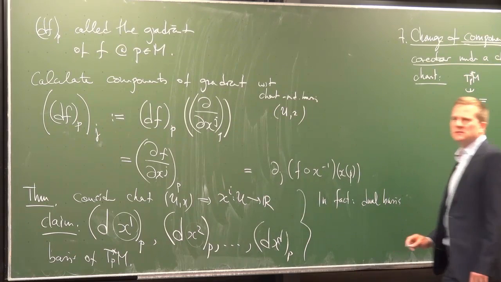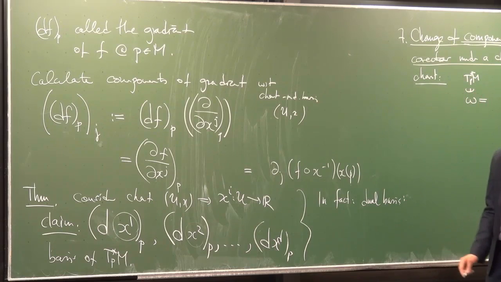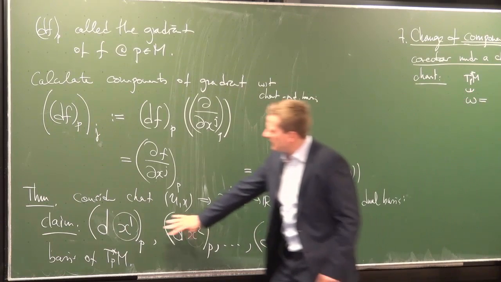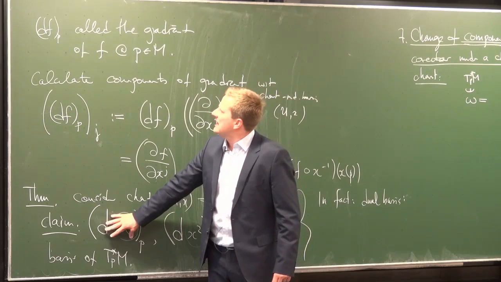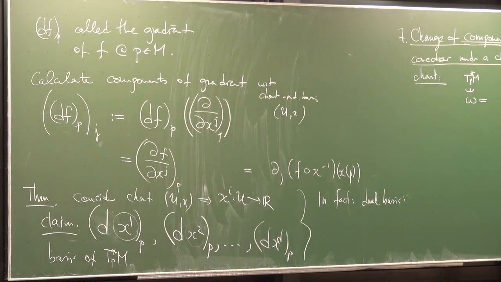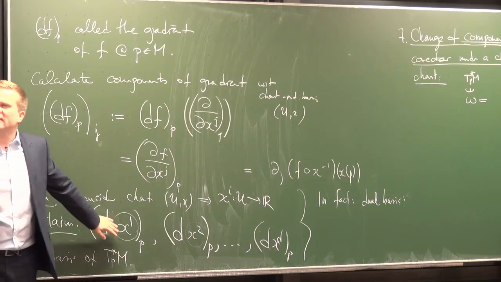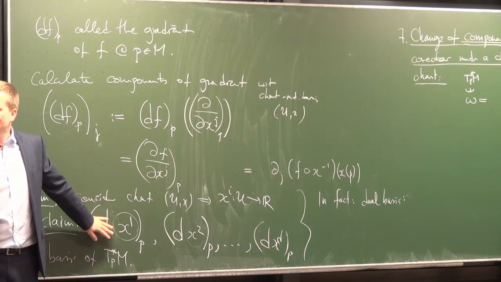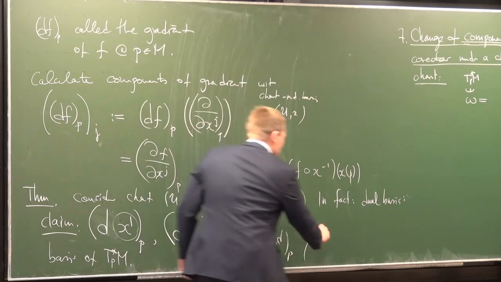What do we mean by the dual basis in the dual space? In the dual space, we could choose a basis that's totally independent of this basis we chose in the tangent space. But it turns out if we construct it as the gradients of the coordinate maps, you can calculate.